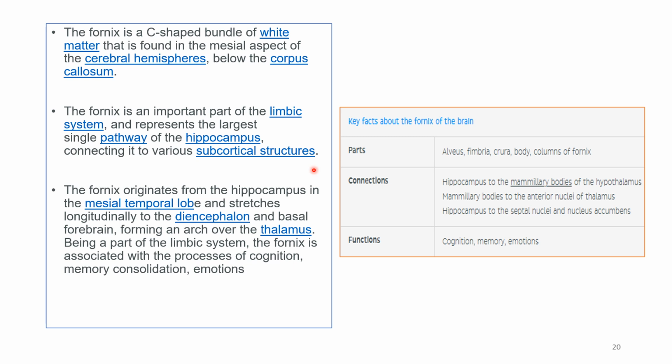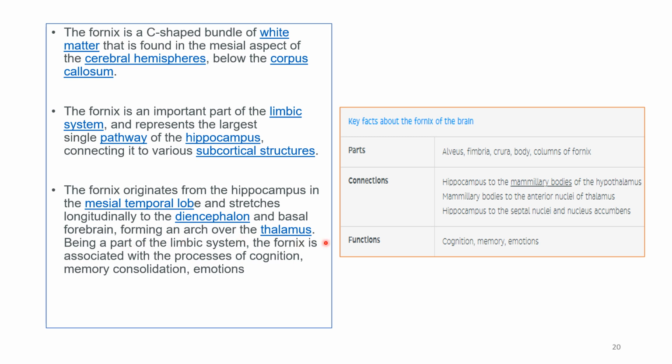So what is the importance of the fornix? It connects the hippocampus to various subcortical structures. The fornix originates from the hippocampus in the mesial temporal lobe and stretches longitudinally to the diencephalon and basal forebrain, forming an arch over the thalamus.